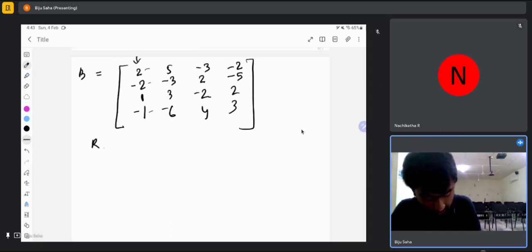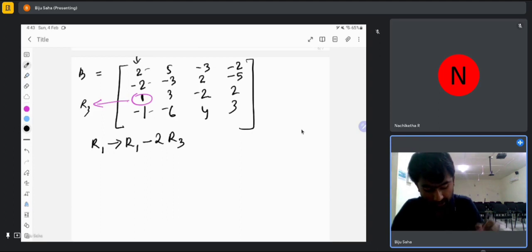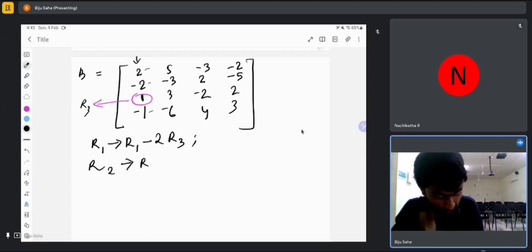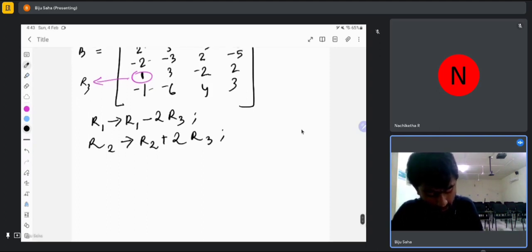So you can modify R1 as R1 plus twice of R3, since 1 is present in row 3, and make that element 0. R2 can also be done like that: you add twice of R3, which makes that element 0.